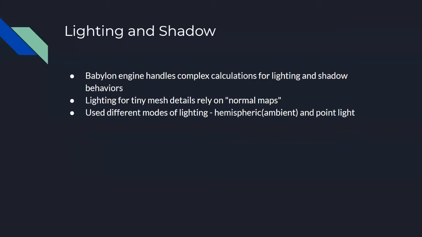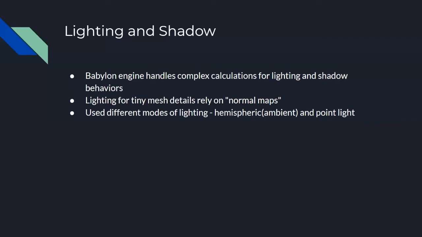As our robot simulator is rendered as a 3D environment, we naturally had to take lighting into account. The lighting and shadow calculations were handled by the Babylon engine, as the way that light bounces around a 3D environment is really complex. When it comes to small details on our meshes, such as the tiny ridges and scratches on a soccer ball, it is even harder to predict. Not to mention, it's also hard for the programmer to write code for every small shape on top of the basic sphere.